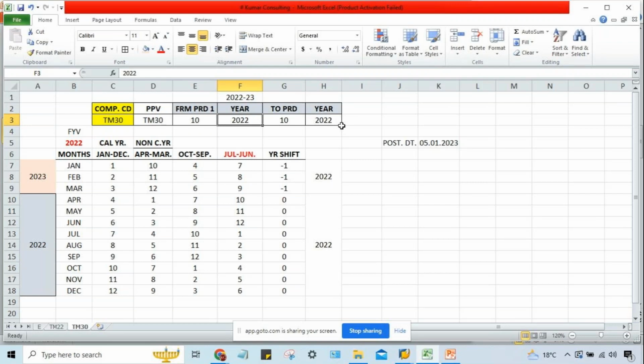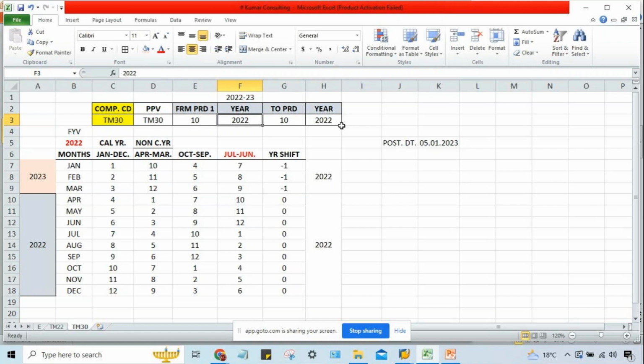If anybody asks, first of all, calendar and non-calendar: we all know very well that January to December is the calendar year, and other than that, all are non-calendar years, whether it is April to March, July to June, October to September, or anything else. Now, the second thing: when we define a non-calendar year, you must specify a year shift.